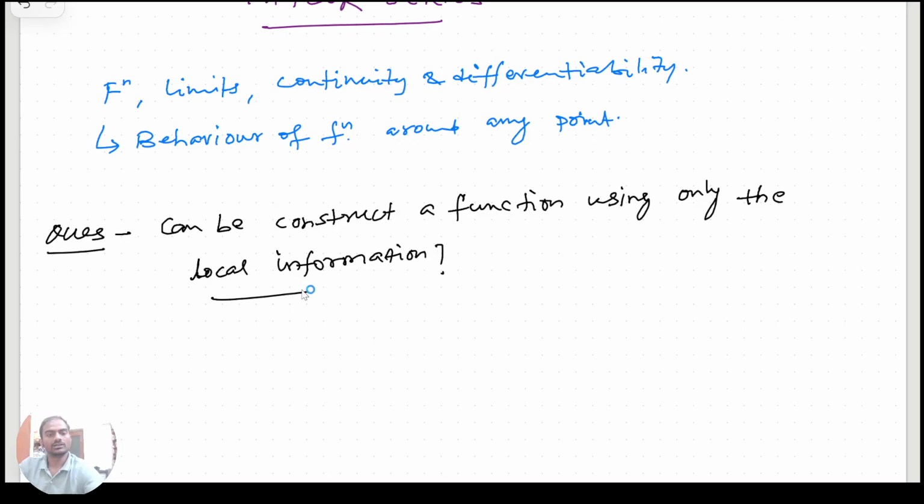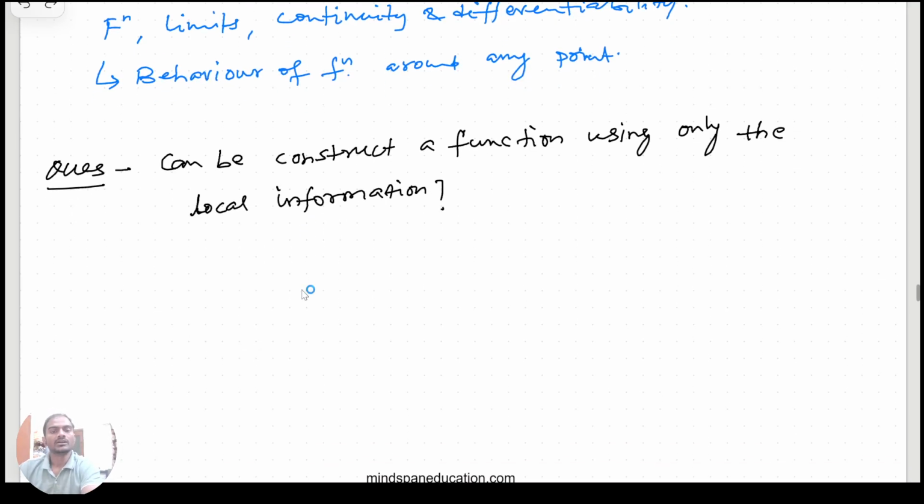What I mean by local information, I will tell you now. So the question is, can we construct a function using only the local information that we have for that function?